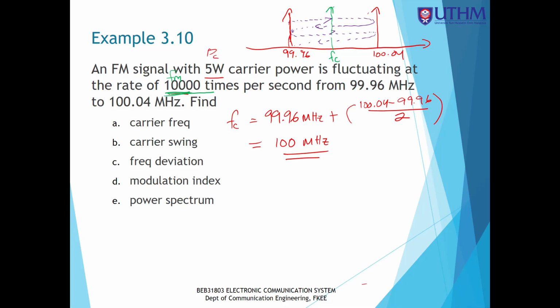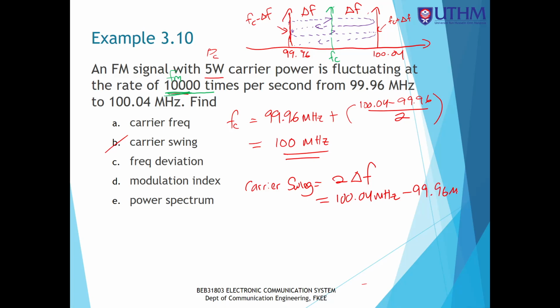And then, carrier swing. Remember, the fluctuation here is referring to delta F. The highest frequency is Fc plus delta F, and the lowest frequency is Fc minus delta F. So carrier swing is equal to 2 delta F, which is 100.04 megahertz minus 99.96 megahertz.